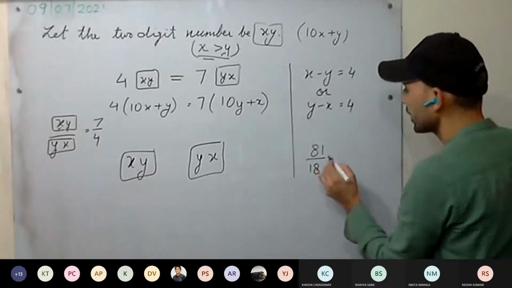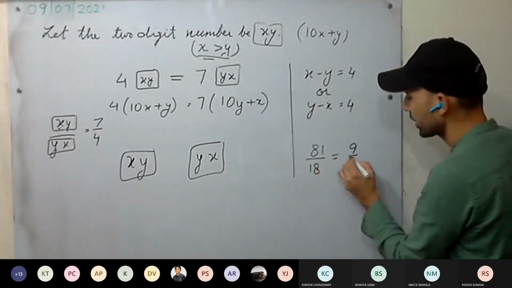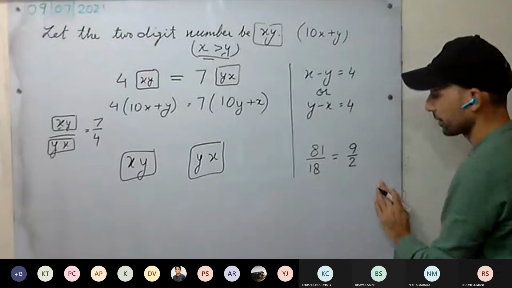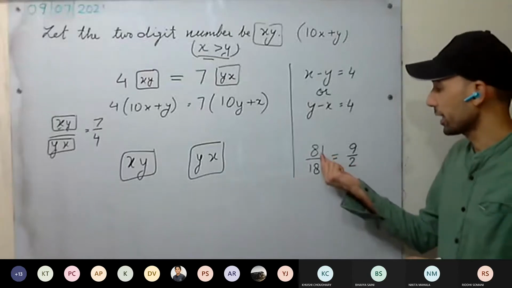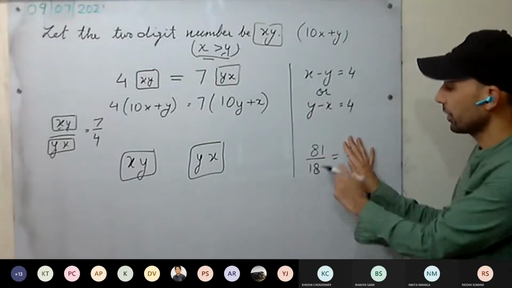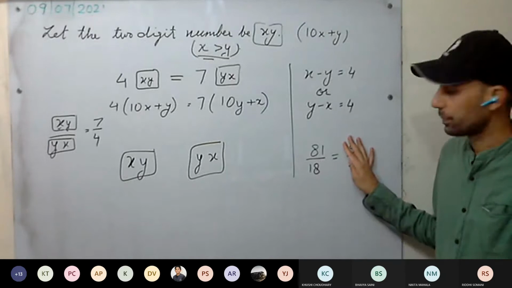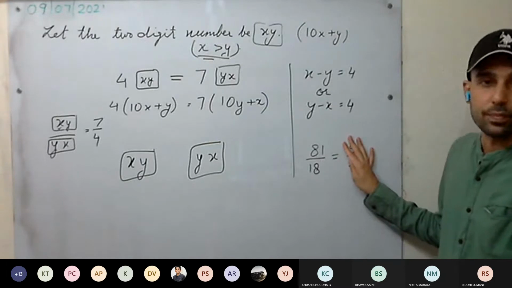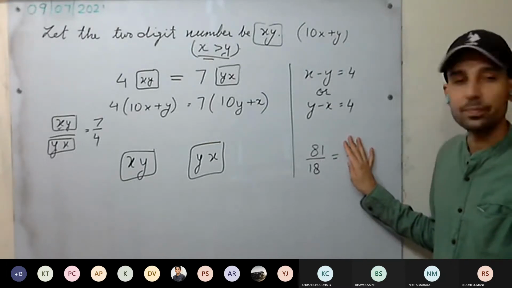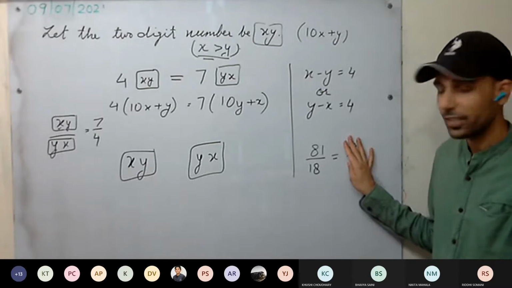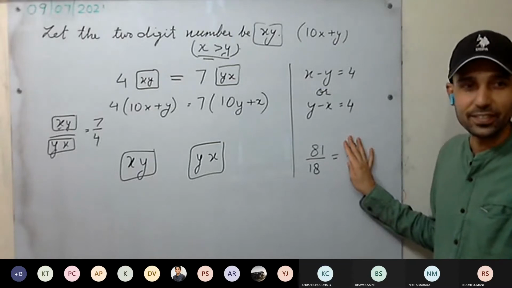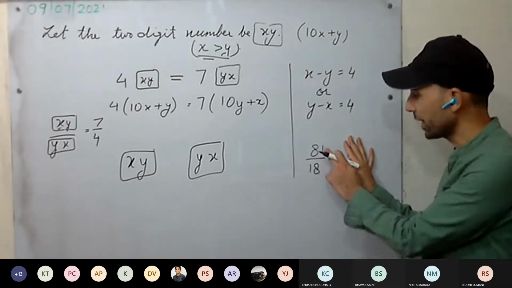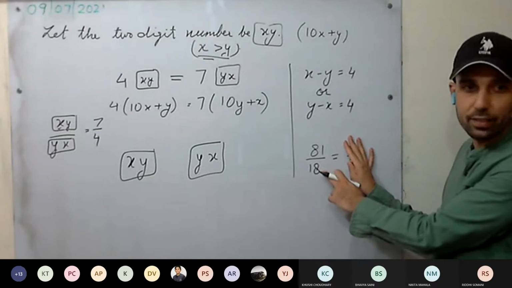This is given as a ratio of 9 to 2. So which is greater, 81 or 18? Can anyone tell? We can see 81 is greater than 18.